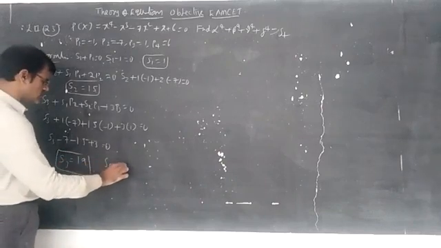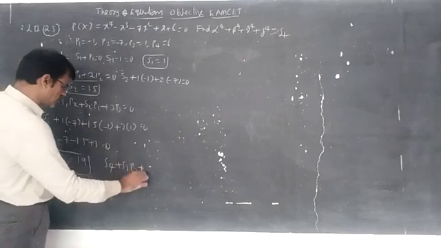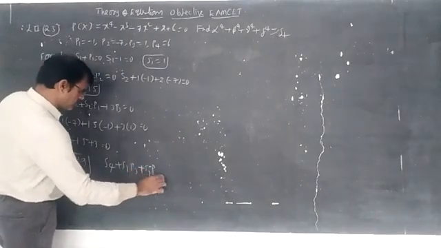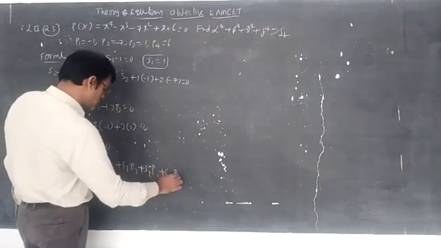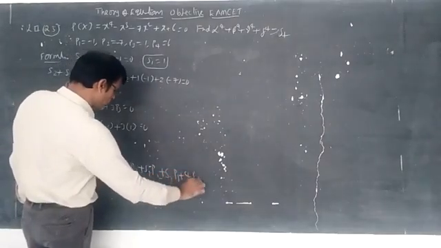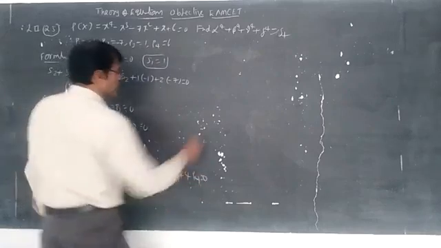Now use the formula S4 plus S1P3 plus S2P2 plus S3P1 plus 4P4 is equal to 0.